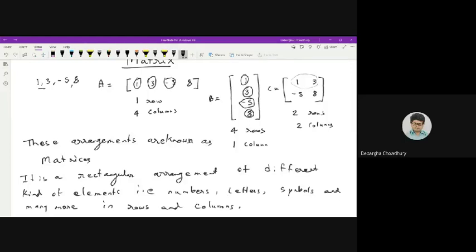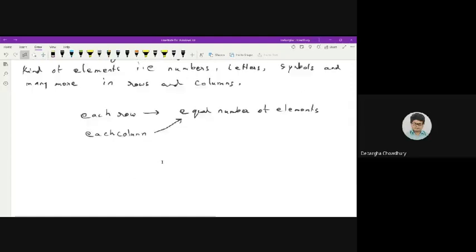In matrix B there is only one column, so we cannot compare, that won't matter. In matrix C, there are two columns, and in each column there are two elements. So this is the condition you need to keep in mind.